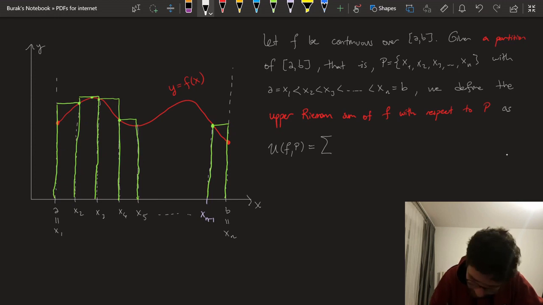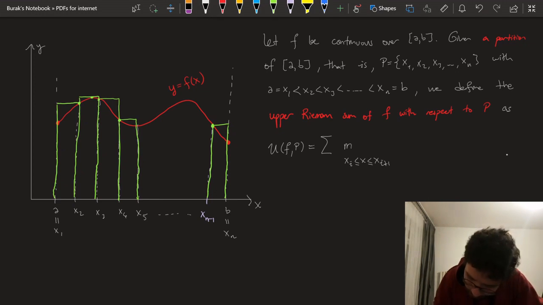Here it is. It is the maximum value of f(x), where x is in this interval, xi to xi plus 1.